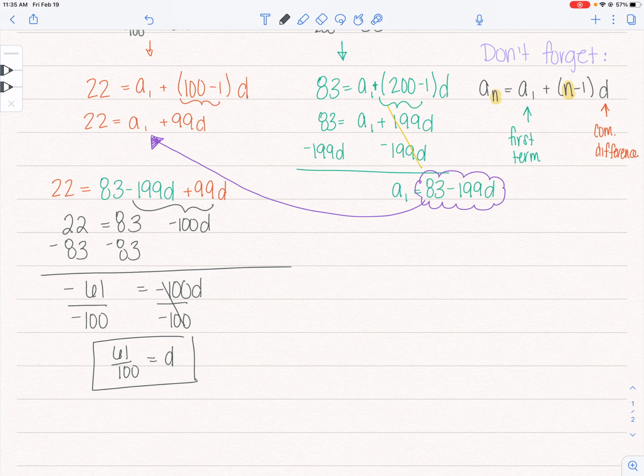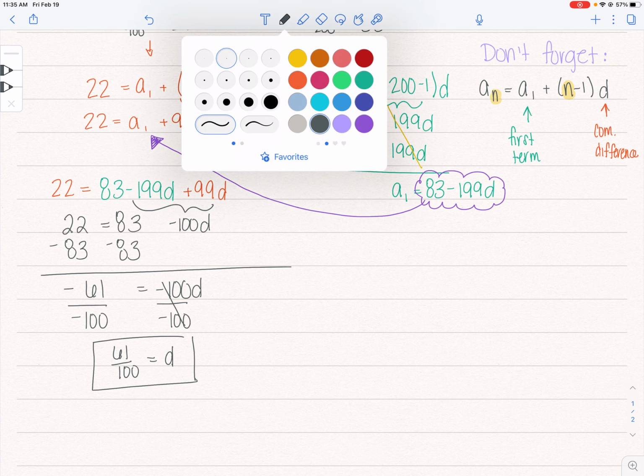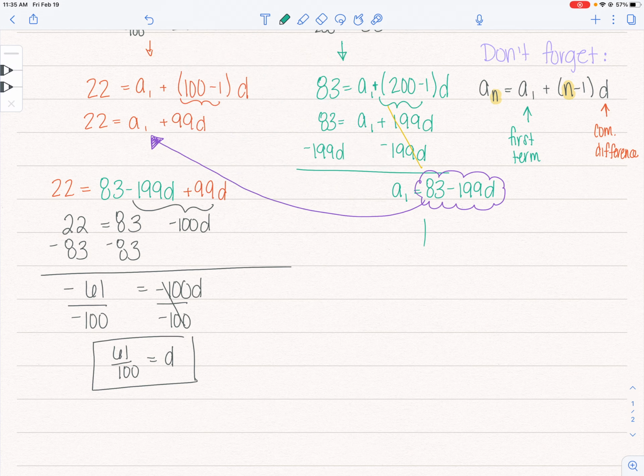Now they asked me to find the common difference and the first term. Well, I know based off of that formula that A1 is 83 minus 199D. Well, I just found that D was 61 over 100.